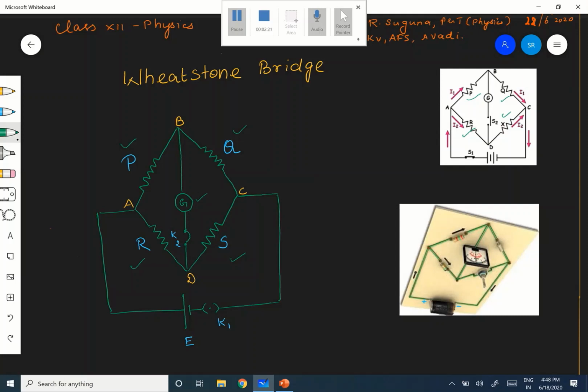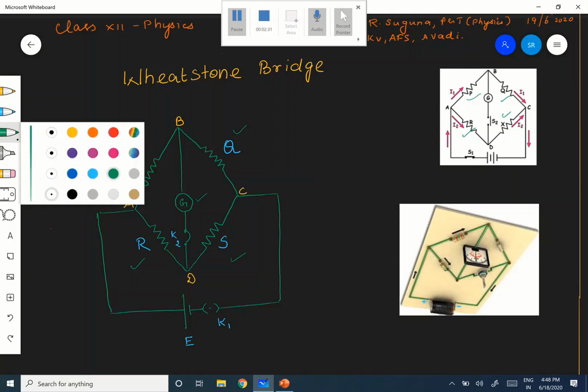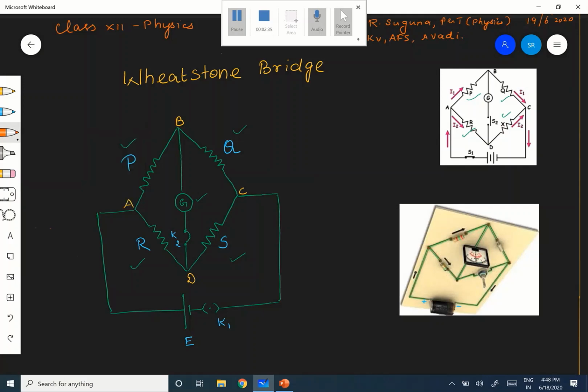Now, what are all the currents? We are going to use Kirchhoff's first and second rule here. How? That we will see now.